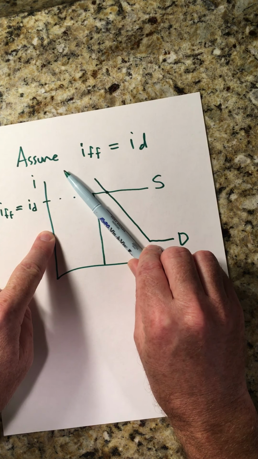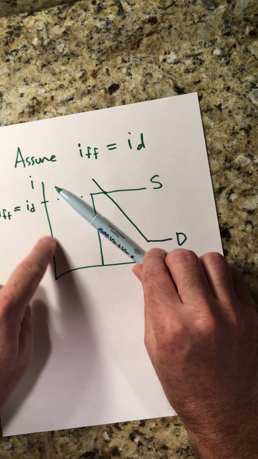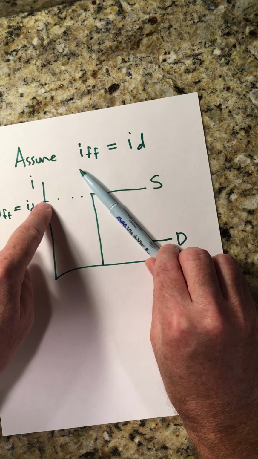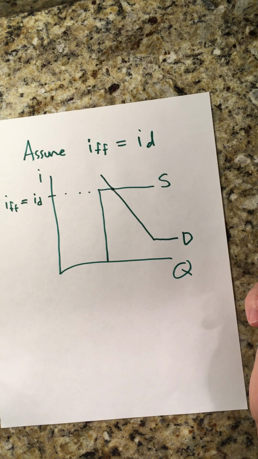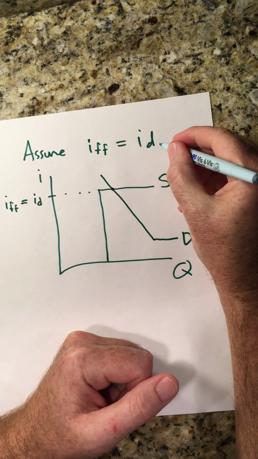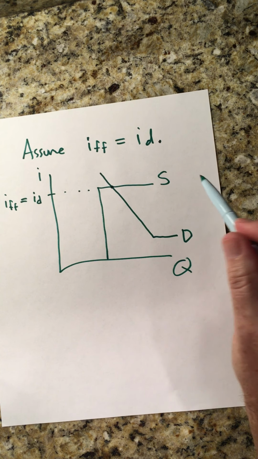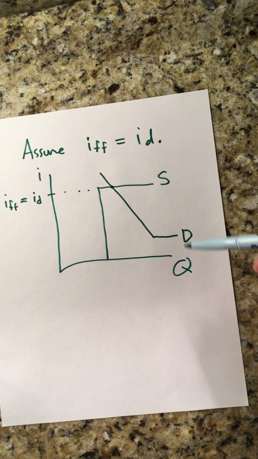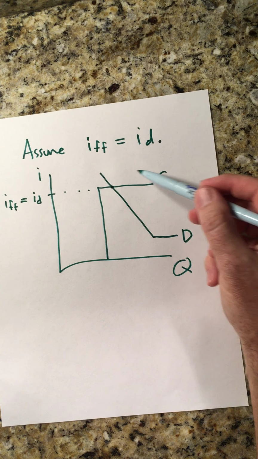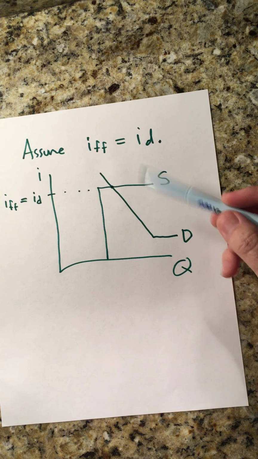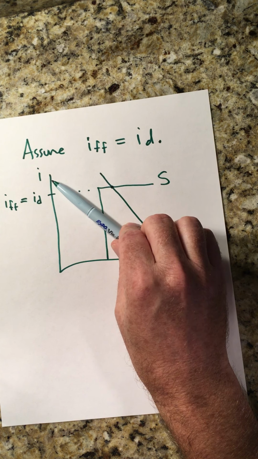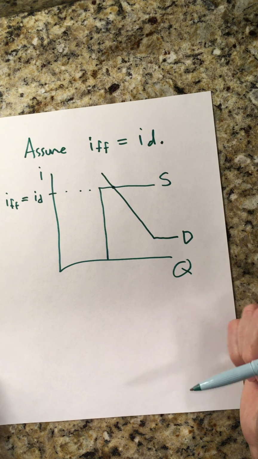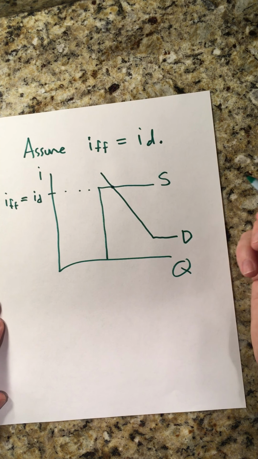But if I shift this out to the right, eventually the federal funds rate is going to go up till it equals the discount rate. All right, so what I'm going to do is say, in the market for reserves, assume that currently IFF equals ID. What that means is that the graph should look like this, as opposed to a demand curve down here. So we start here.